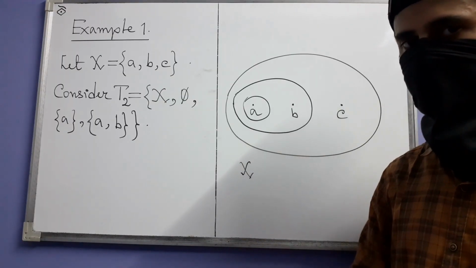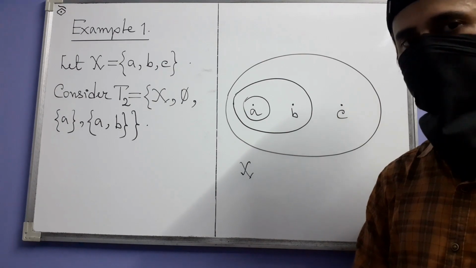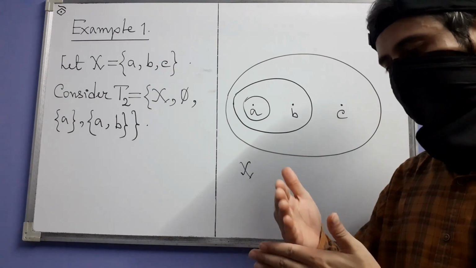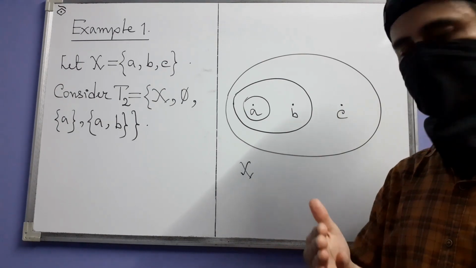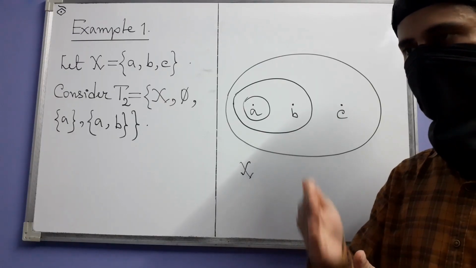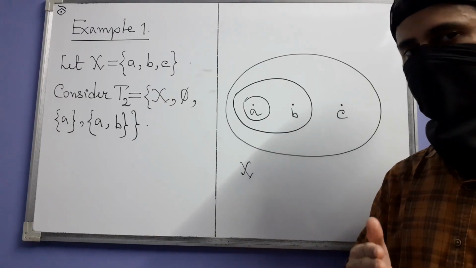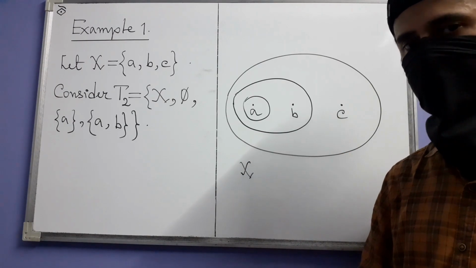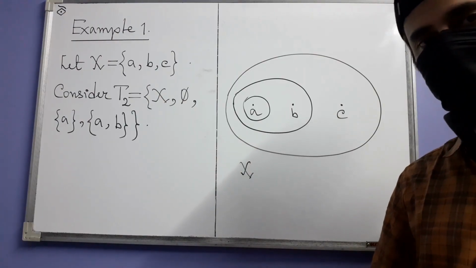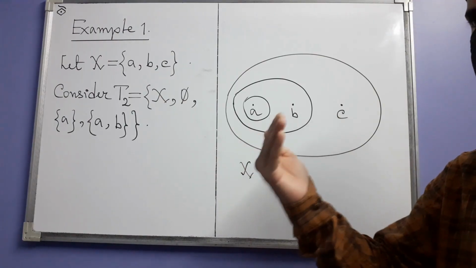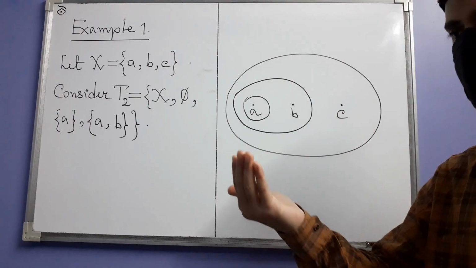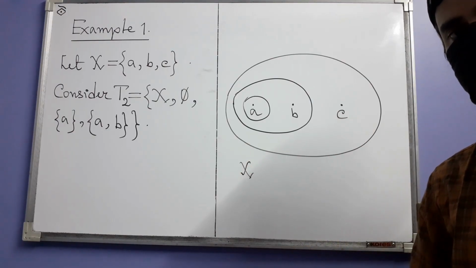X is the same, but T1 and T2 are different. So just like when you change the metric on a set from one metric to another metric and you get different metric spaces, here also you are getting different topological spaces: x comma T1, one of them, and the other one is x comma T2.